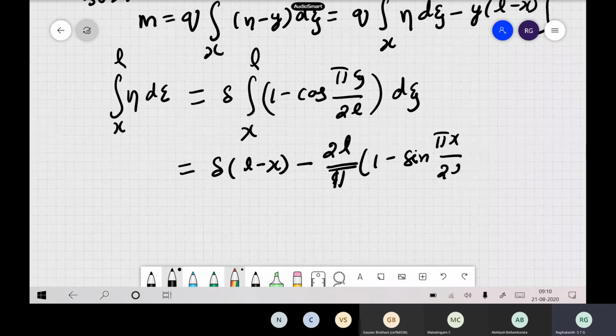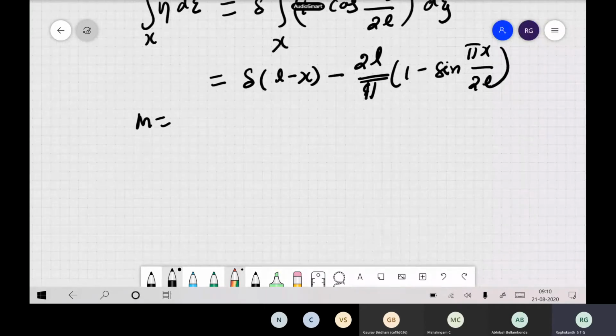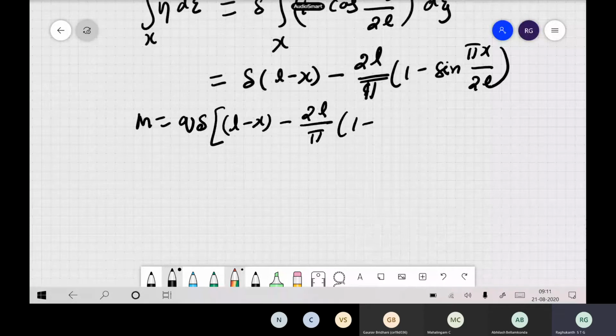This is the integral which comes out. Now you substitute this expression in the equation for the bending moment, so M becomes q times delta times l minus x minus 2l by pi times 1 minus sine pi x by 2l.